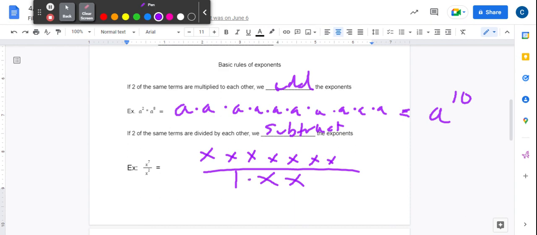Anything that multiplies on the top and on the bottom cancels out. So two of these x's can cancel out. What are we left with? We're left with x to the 5th over 1, which is x to the 5th. So x to the 7th divided by x squared, we subtract the exponents.